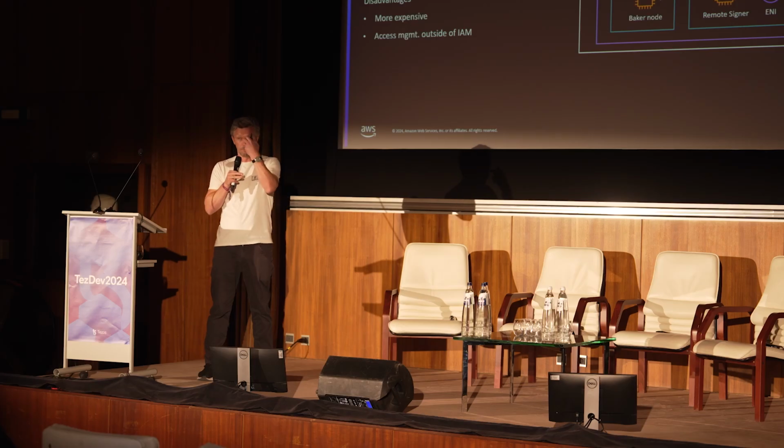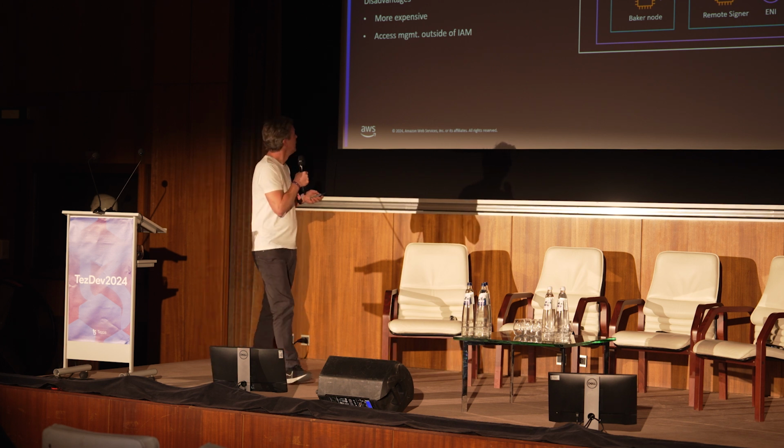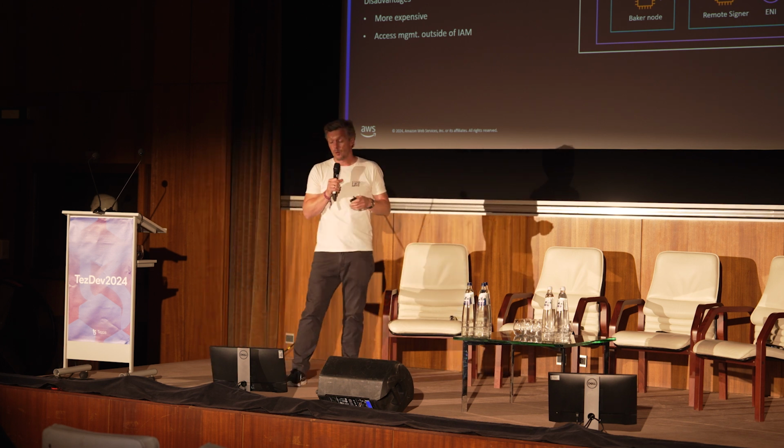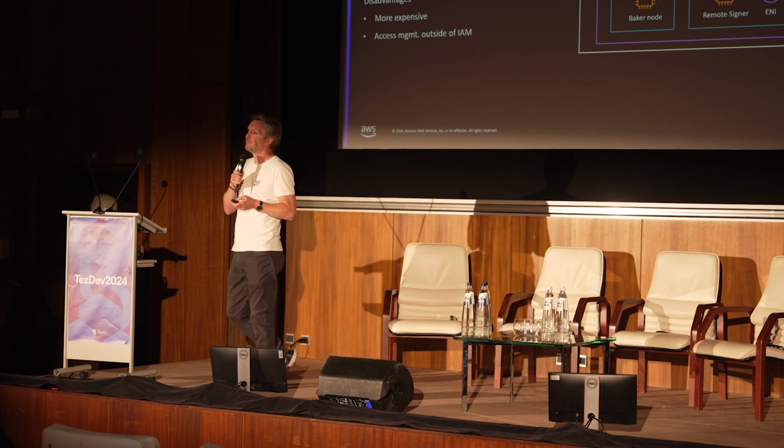You have much more control over Cloud HSM to really configure it the way you want to, but it is much more work. And also it doesn't follow the IAM access policies, so it's really up to you to manage the access management correctly. It's also FIPS 140-2 level 3 compliant, just as KMS is.